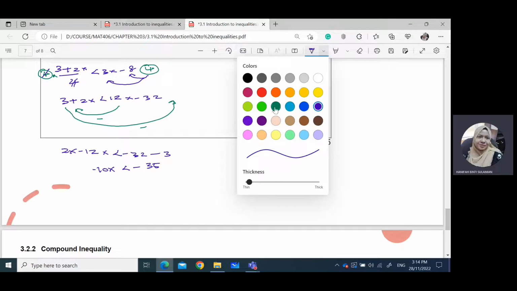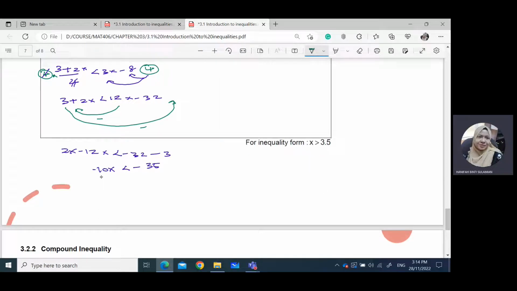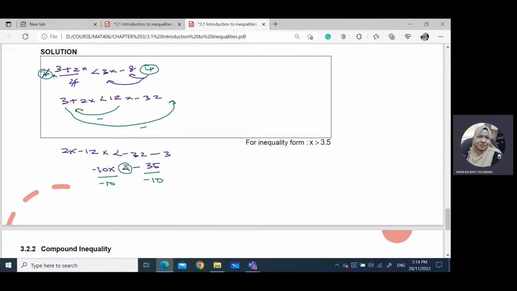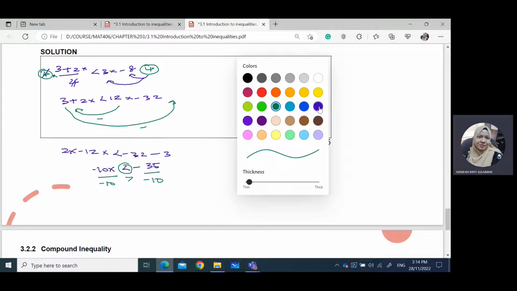So yang ini kita kena bahagikan dengan negative 10. Okay, negative 10 in the left hand side, and in the right hand side we also need to divide it by negative 10. Okay, so since we divided with a negative number, this inequality sign will be changed from less than to greater than. So kita kena tukarkan lah sebab kita darabkan dengan nombor negatif. Okay, so selesaikan.